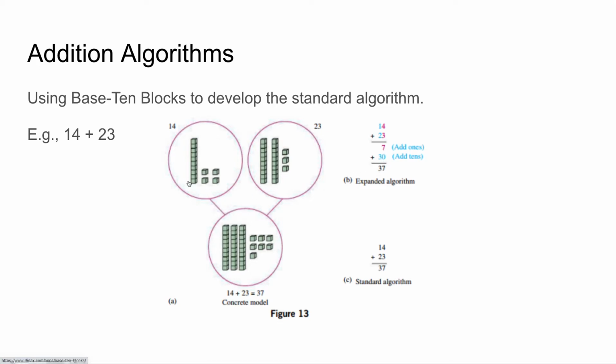And they can see that 1, 2, 3 rods, 3 tens, and 1, 2, 3, 4, 5, 6, 7 ones. That's the expanded algorithm. From there, you can introduce that 4 plus 3 is 7, and 1 ten plus 2 tens is 3 tens. That's the standard algorithm. Well, there was nothing carried over, so it was simple.